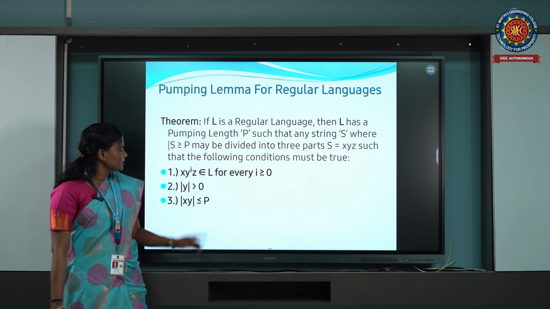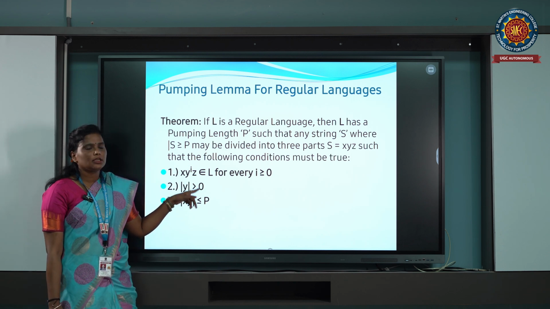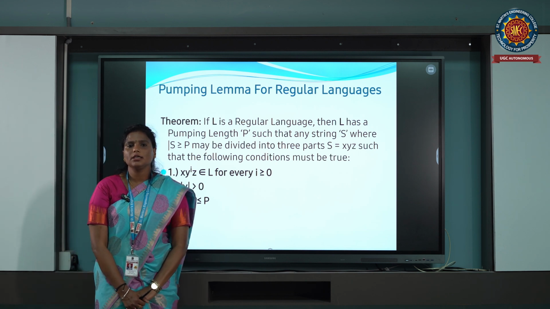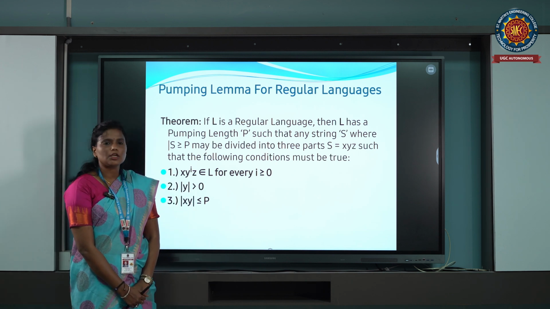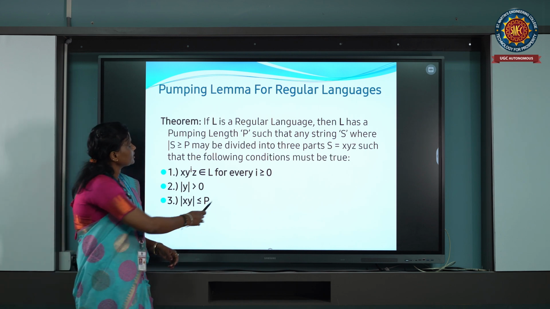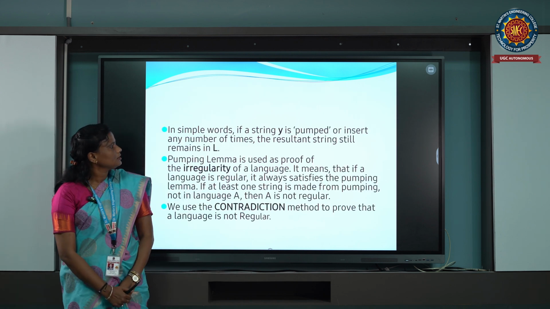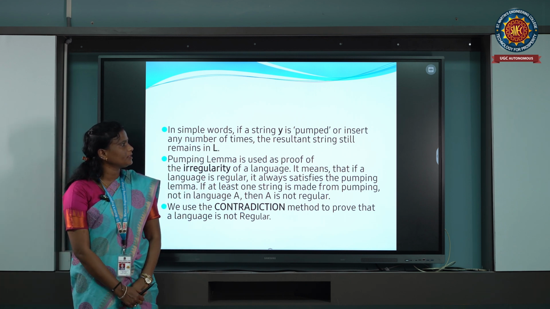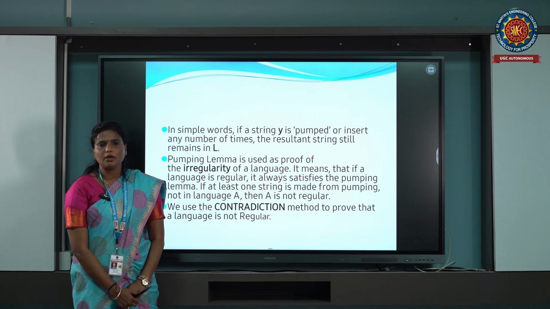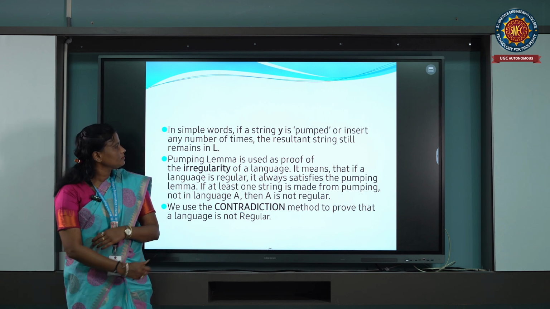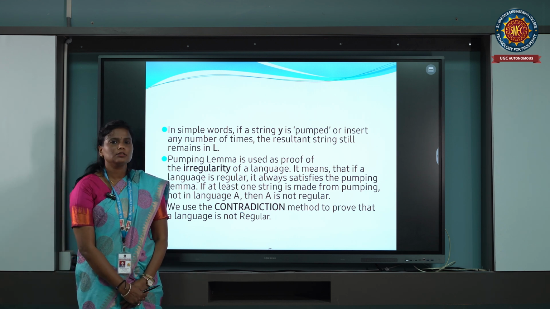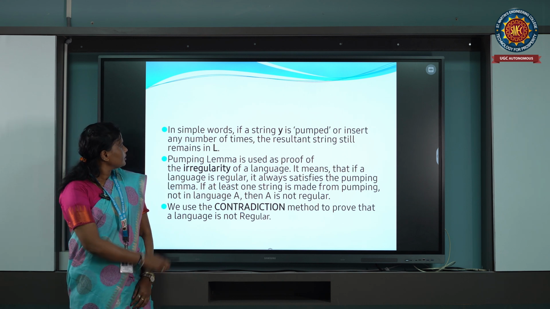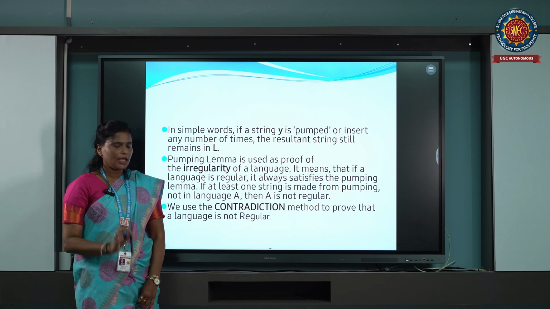Second, length of Y is greater than 0, and third, length of XY is less than or equal to P. In simple terms, if string Y is pumped, inserted any number of times, the resultant string must still be in the regular language, that means remaining in L.